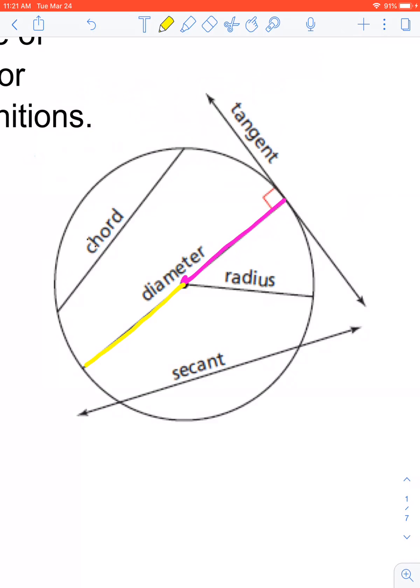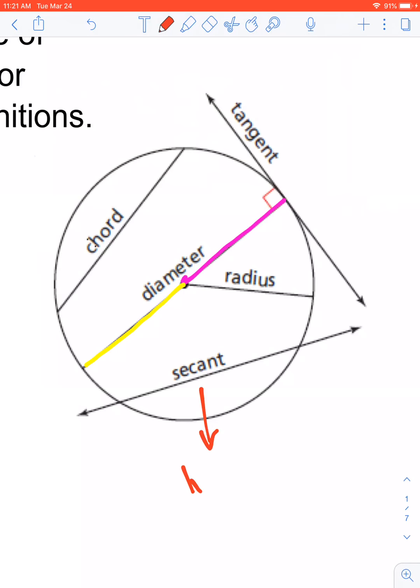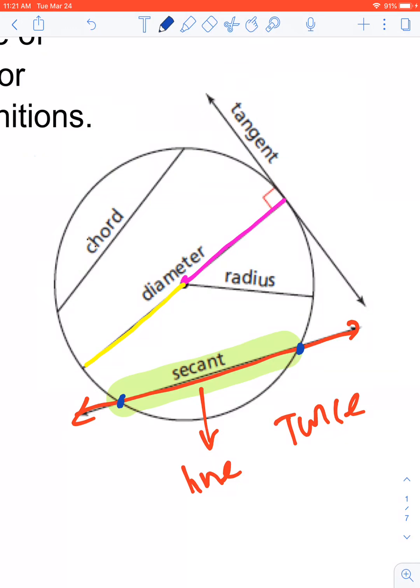Next, we need to talk about a secant. A secant is a line that goes through the circle and hits the circle twice. Now, it does contain a chord. This piece of it right in here, where I have endpoints on the circle, that is a chord, but a secant is the line containing that chord.